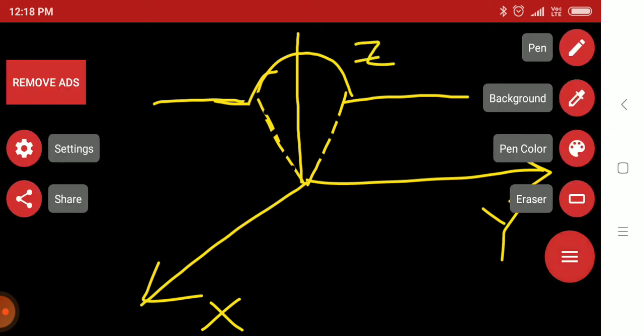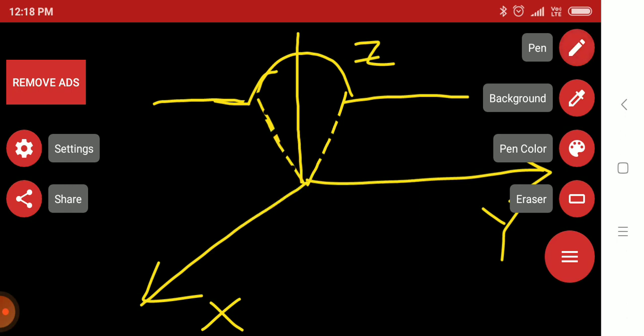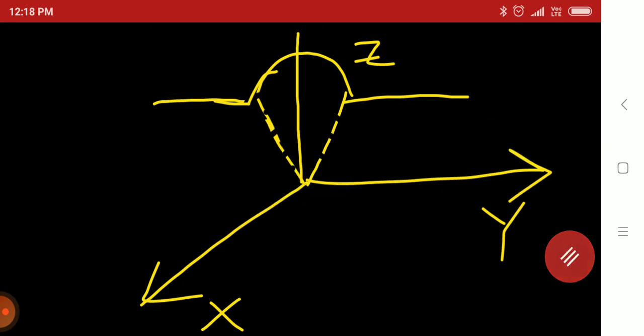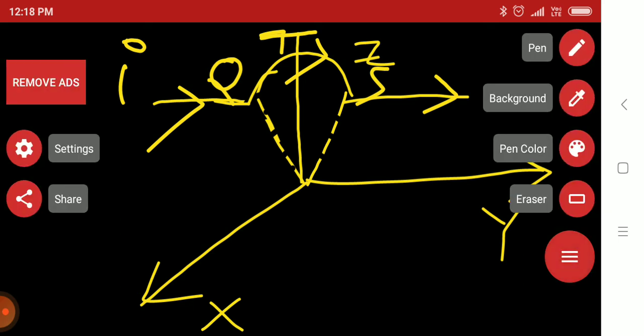Now let us consider the element of length L. It is QTS. This is the arc. Current is flowing in this direction, that is from left to right, and the amount of current is I. Now let us consider a small length element dl.